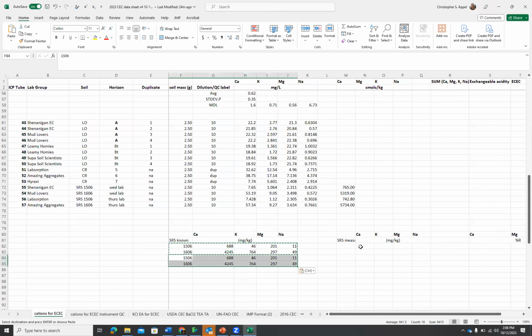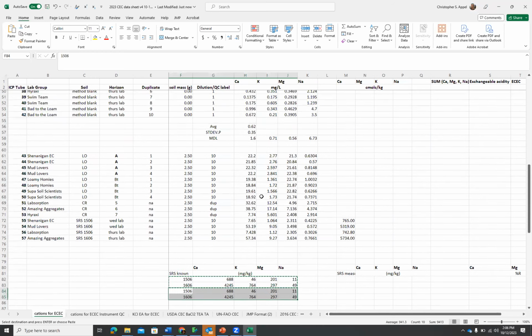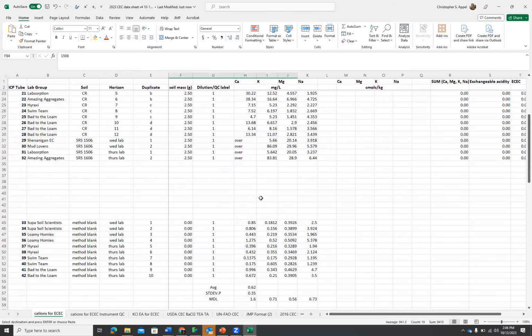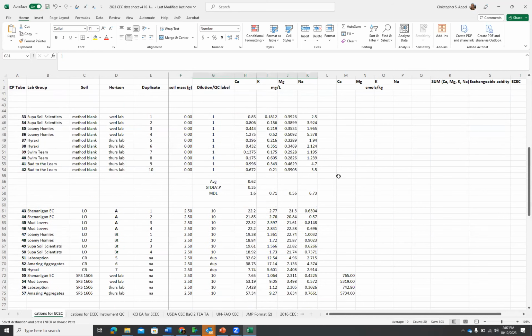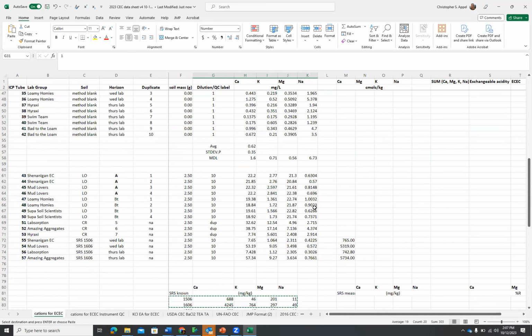Now, we need to calculate our SRS measured values in order to compare. The way we're going to do this is go back to our SRS values. Let's see, where are they? All right, we got these ones up here that were undiluted, and then these ones down here, which were diluted.